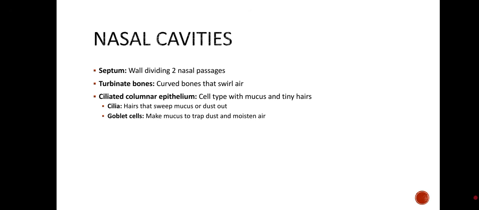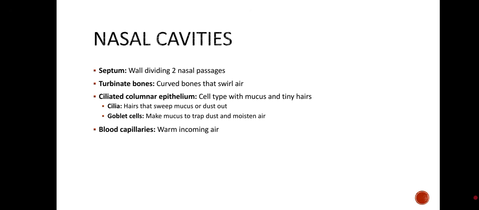The cilia are the hairs that sweep mucus or dust out. Then they are trapped by mucus that is produced by the goblet cells. Then after that we have the blood capillaries which warm up incoming air.